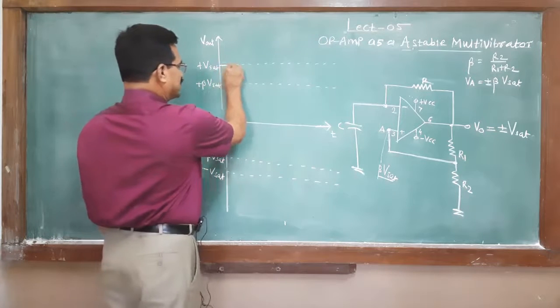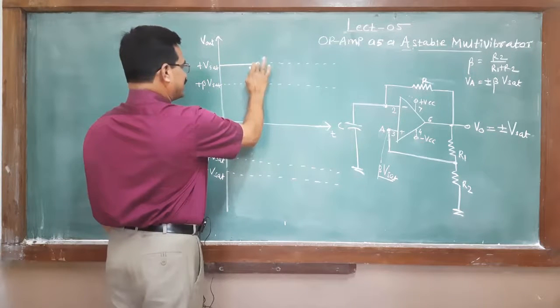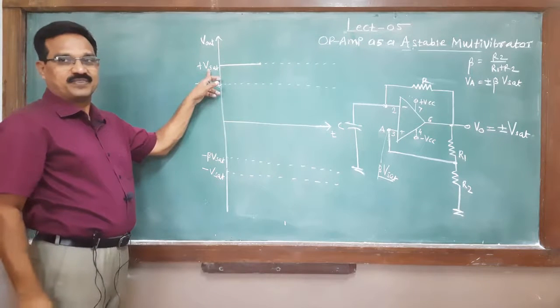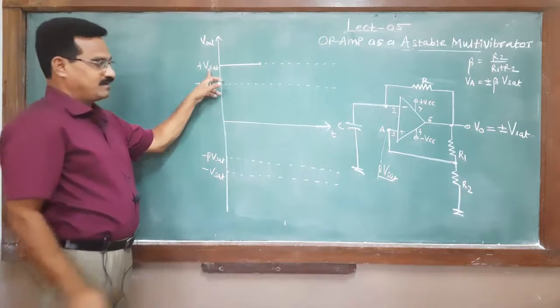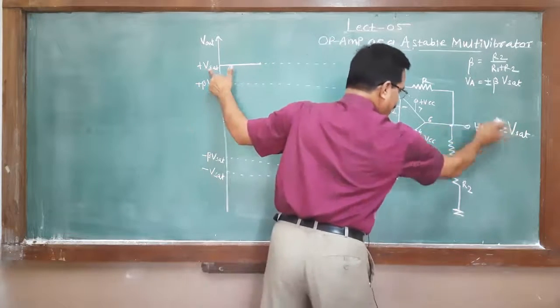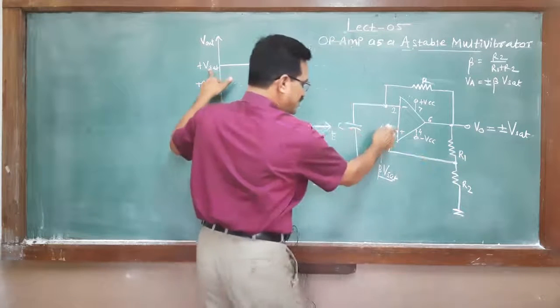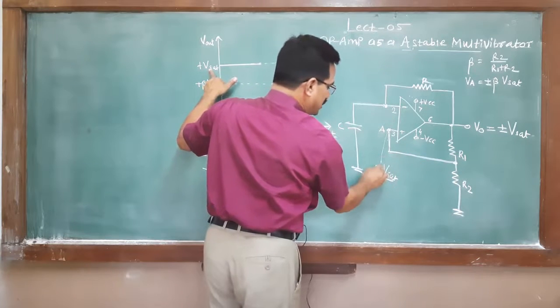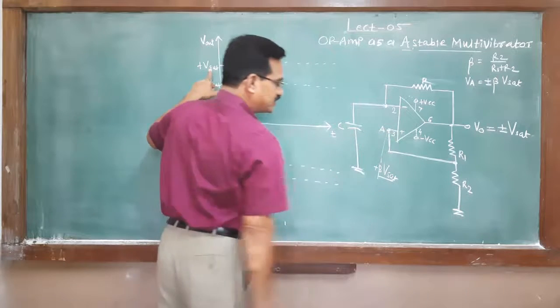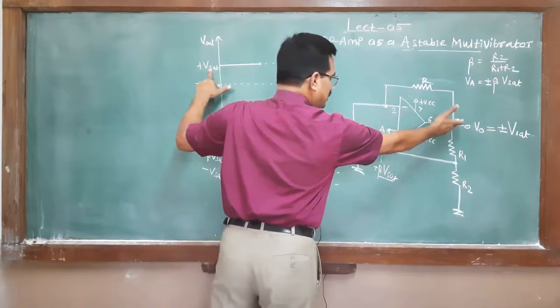Initially we consider the output voltage is at positive saturation. Due to positive saturation, here is the input beta into V saturation. And due to this positive saturation, what will happen?